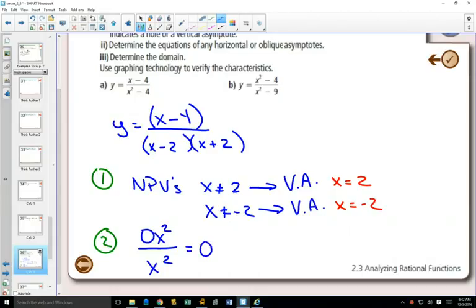Anytime that this method simplifies to a number, that means you are going to get a horizontal asymptote. And the equation of that horizontal asymptote will be y equals whatever value you get from looking at that highest power in the numerator divided by the denominator. So we get our two sets of asymptotes, and we can start to graph.